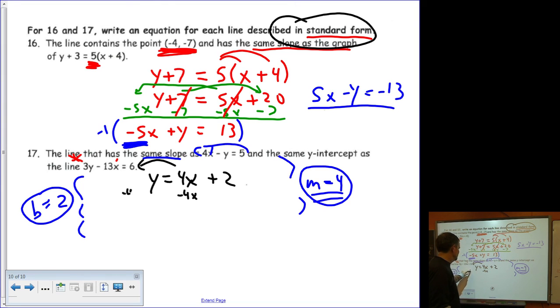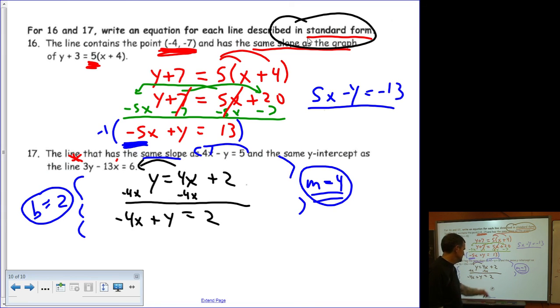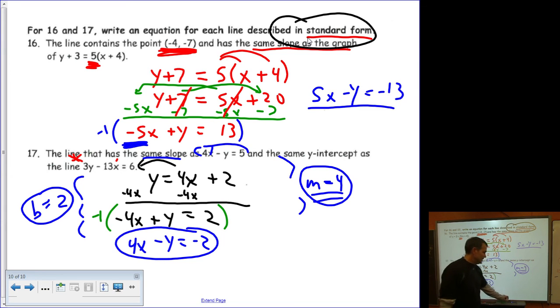I'll go ahead and subtract 4x and get negative 4x plus y equals 2. And then, of course, I'll go ahead and multiply everything by negative 1 because I want the x term to be positive, and I get 4x minus y equals negative 2. And now I have an equation for the line in standard form. All right?